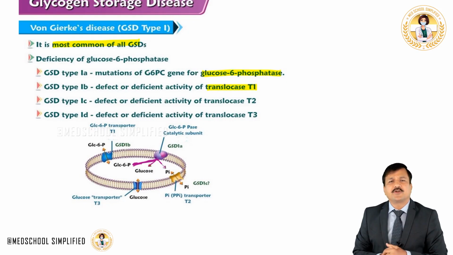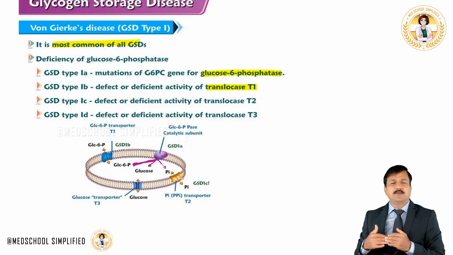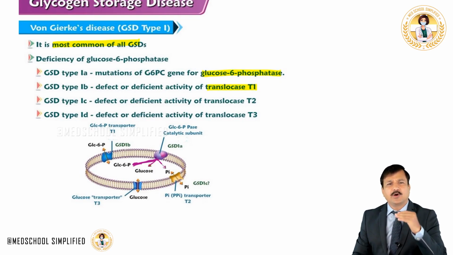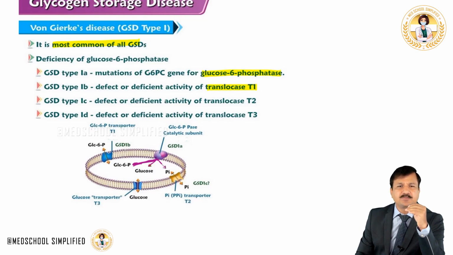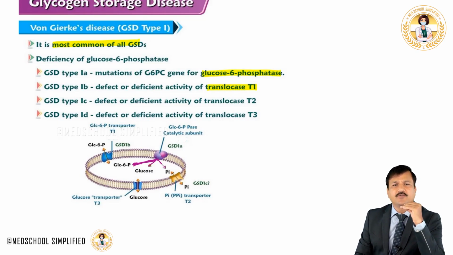that can lead to different types of glycogen storage disease type 1, which is subclassified into type 1A, type 1B, type 1C and type 1D. Now GSD type 1A is because of mutation in the G6PC gene, which is coding for glucose 6-phosphatase. That is 1A, which we call von Gierke disease specifically.